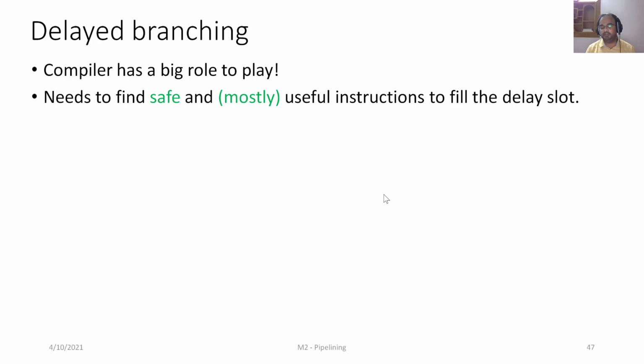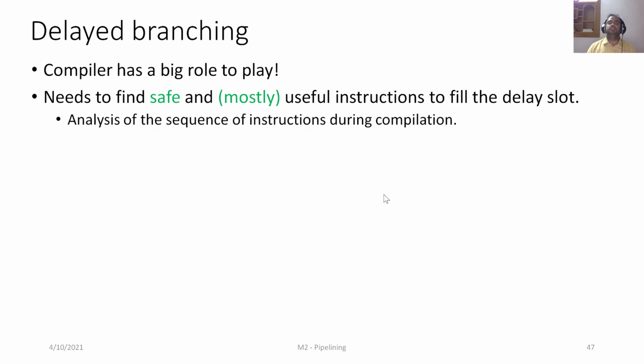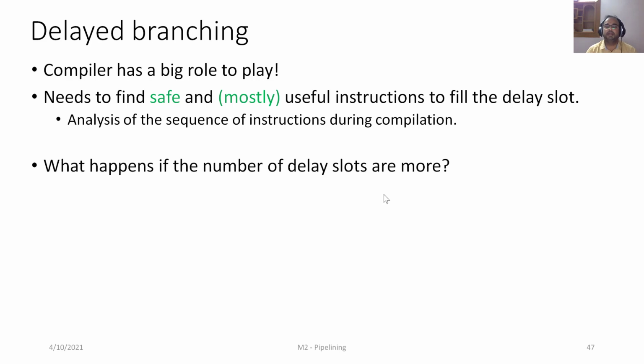If we place some dummy or useless instruction, then anyway we are losing performance because it's useless. So it needs to deeply analyze the sequence of instructions and the data flow and control flow during the compilation itself.